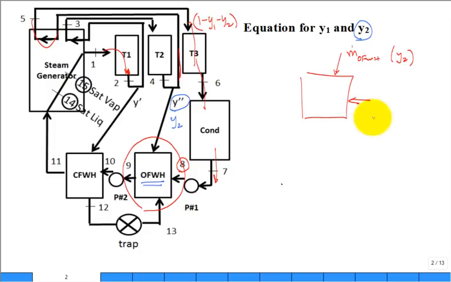So this is 1 minus Y1 minus Y2 coming from state 8. This is coming from state 4. All right, let's go here. What is this one? This is state 13. And what's that? Well, it's what went through the trap. That's what went through typically the shell side of that closed feedwater heater, and that's what was diverted down to the shell side of the feedwater heater. So that is Y1. Is it not?